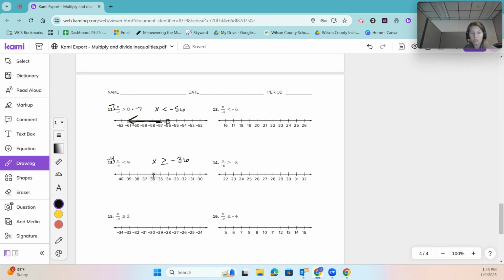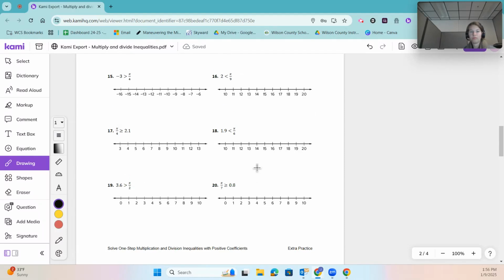Okay, closed circle and arrow in the greater than direction. Okay, and if you have fractions and decimals involved, again, you are following the same exact process. Multiply by your positive, that means nothing changes. You get x is greater than or equal to 2.1 times 4 is going to be 8.4.